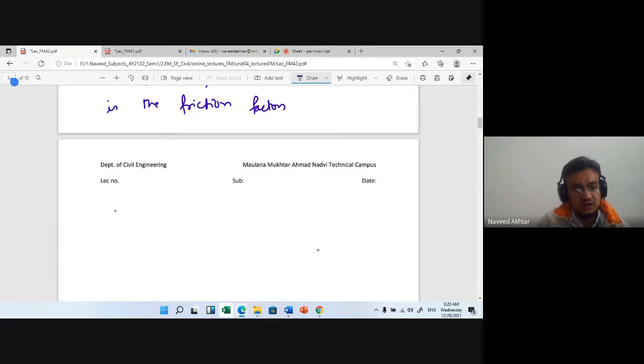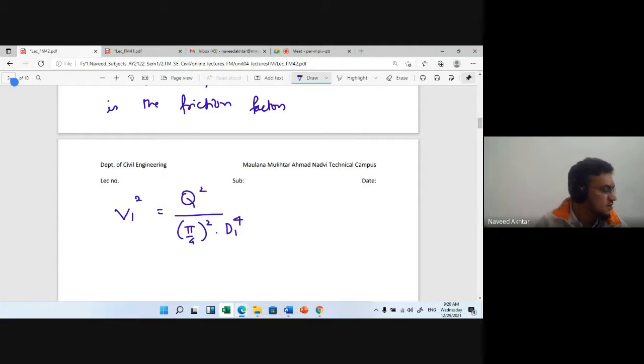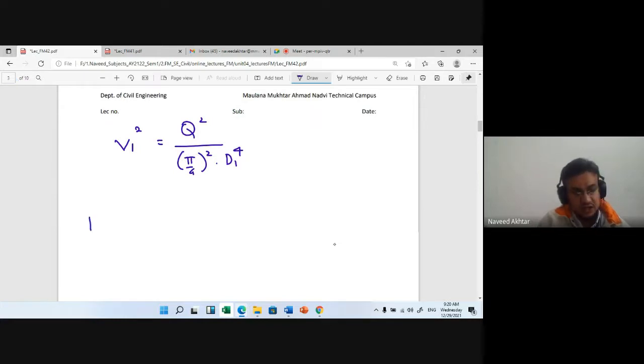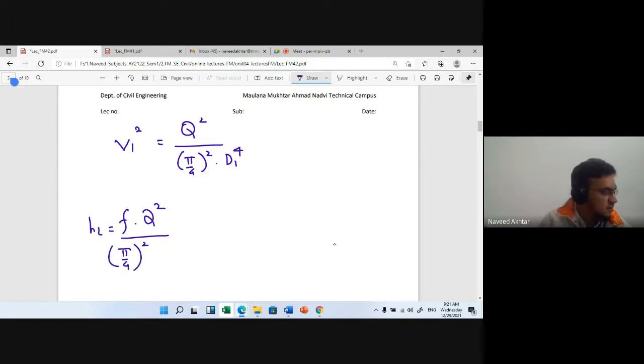If I write V1 square in terms of Q, it is Q square upon pi by 4 whole square into D1 raised to 4. If I put this value in HL, the formula is F into Q square upon pi by 4 whole square into 2G into L1 upon D1 raised to 5.